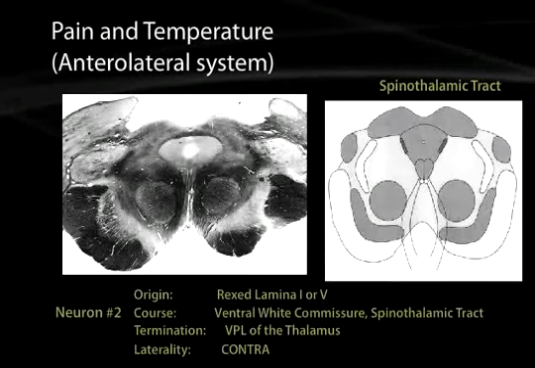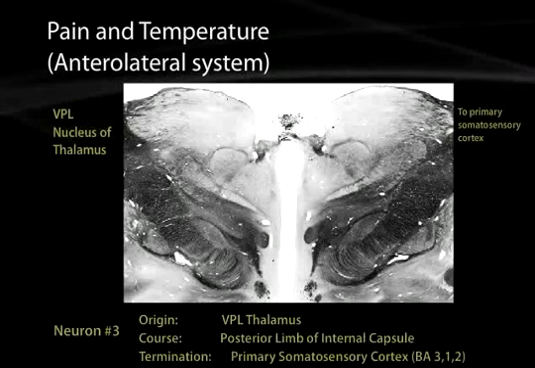So here, if you were to look for any structure in here that would be looking like a boomerang, well, you can see it over there on a portion of that, and there it is, the anterolateral system in green. Where is it synapsing? Well, again, it synapses in the ventral posterior lateral nucleus of the thalamus, the VPL, and that's where the third order neuron of this system is residing. And where will it go? Again, to the primary somatosensory cortex, which is the postcentral gyrus of the cortex.